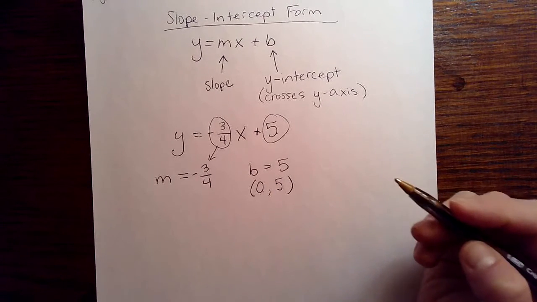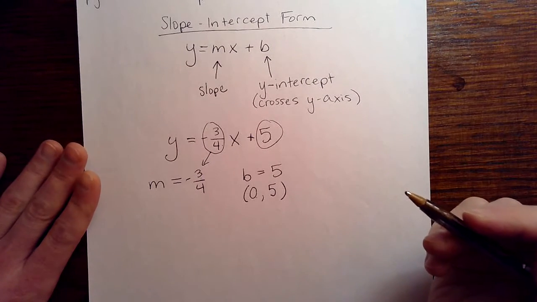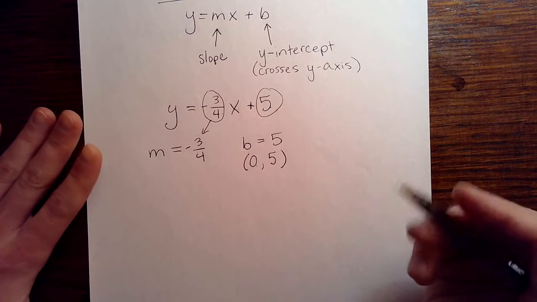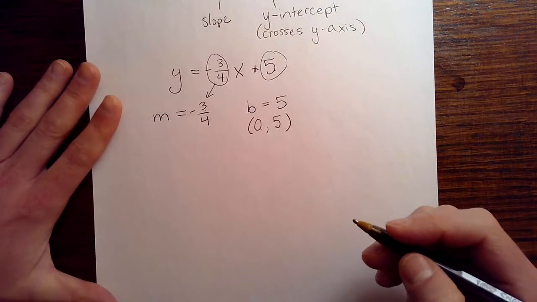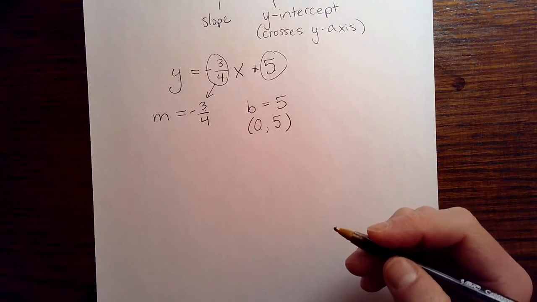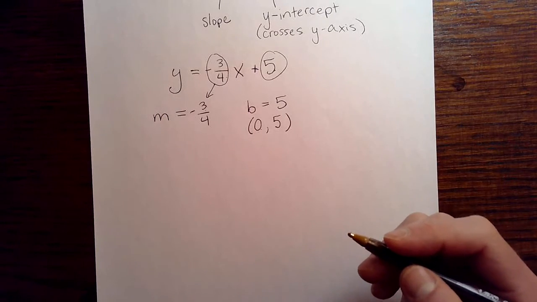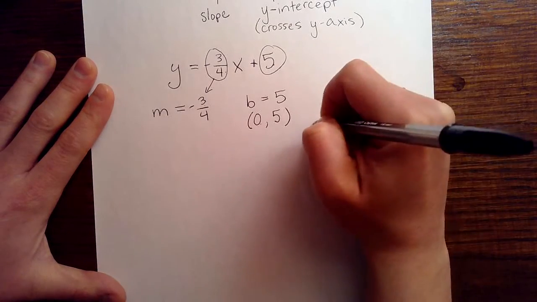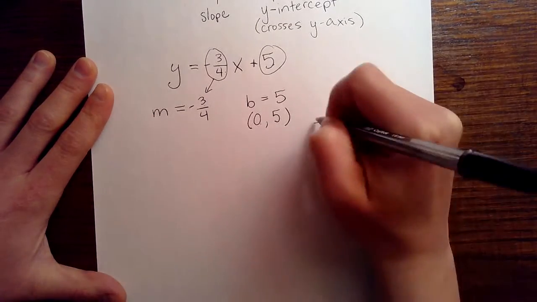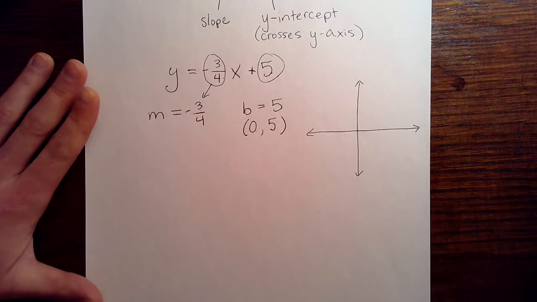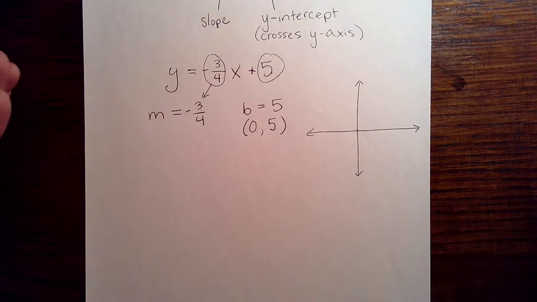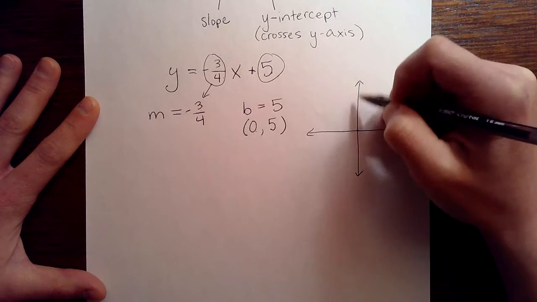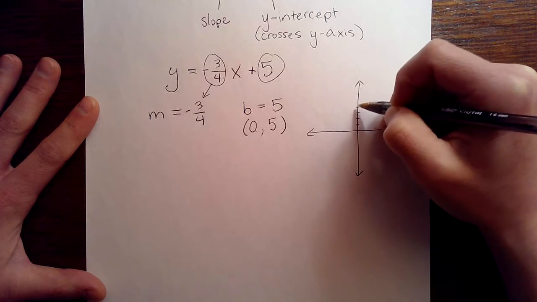Below example 2 in your book is the graph of this line. Remember again that when I draw my x and y axis, I put arrows on the end. If I saw this line and wanted to know the equation, the y-intercept, where it crosses the y-axis, is at 1, 2, 3, 4, 5.